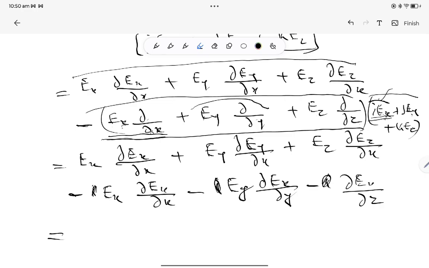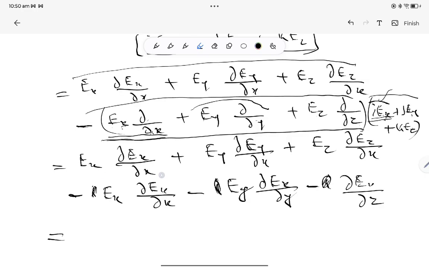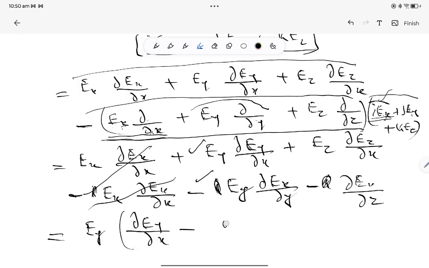Now you have this, you can combine this term, and this term will go. You are left with Ey del Ey by del x minus this and this, minus Ey common, del Ex by del y, plus between these two terms, this is Ez here, Ex, Ey, Ez.